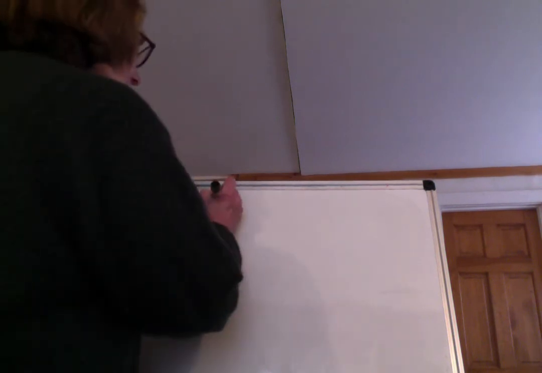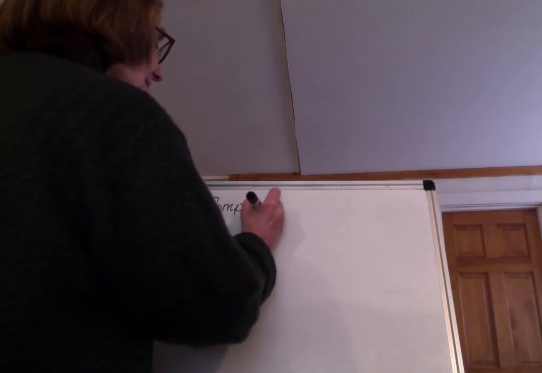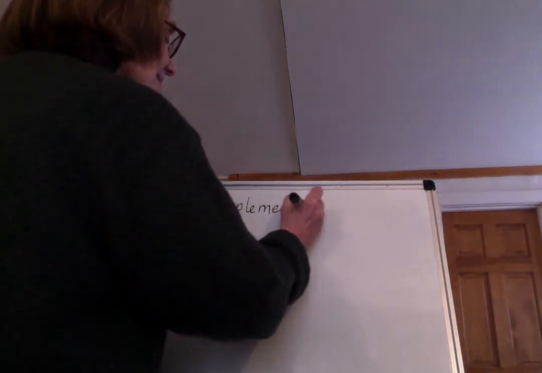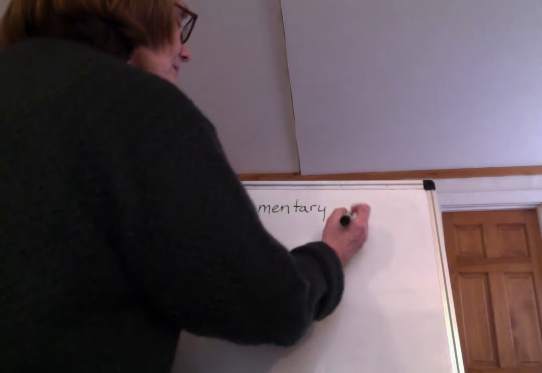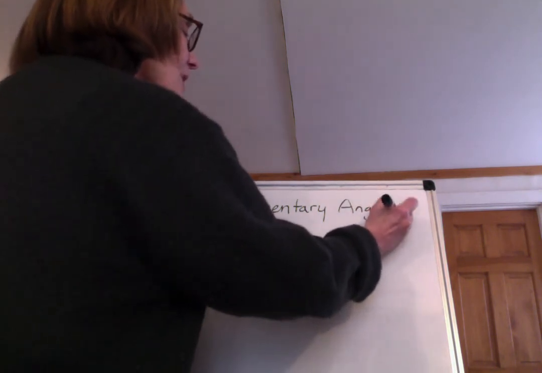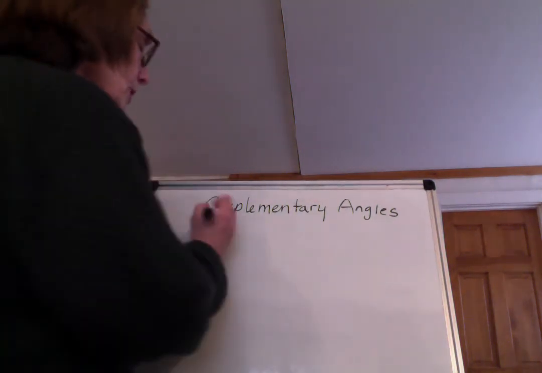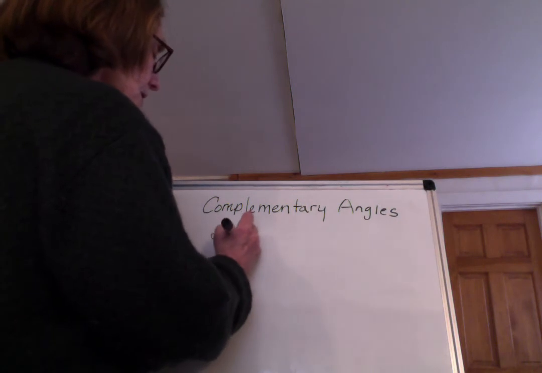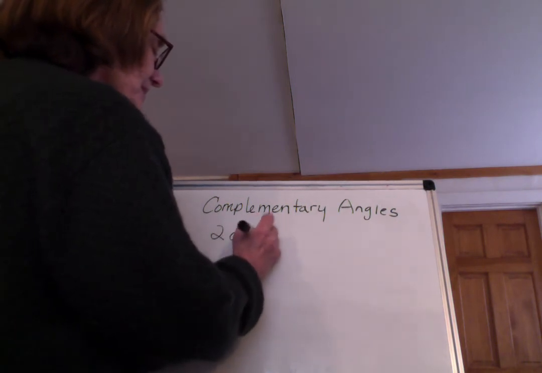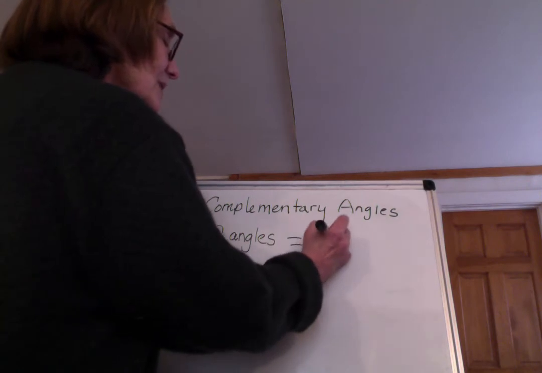Our next set, some of you may know, complementary angles. Complementary angles are two angles that together have to equal 90 degrees.